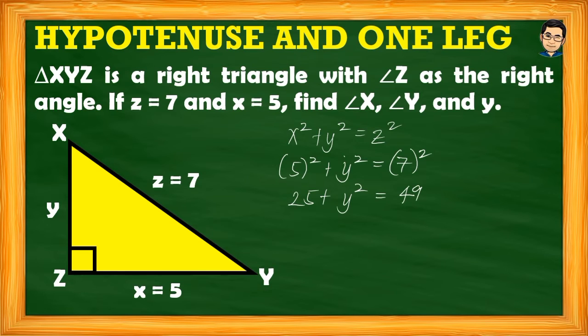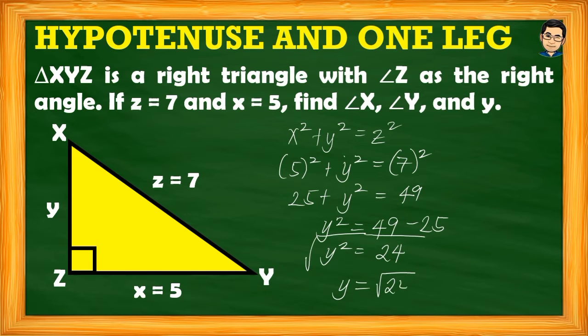Next, we subtract 25 from both sides. So, magiging y squared is equal to 49 minus 25. Subtracting 49 and 25, we will get a difference of 24. And then, extract natin ang square root both sides para mawala yung square. So, square root of y squared is y. And then, square root of 24.